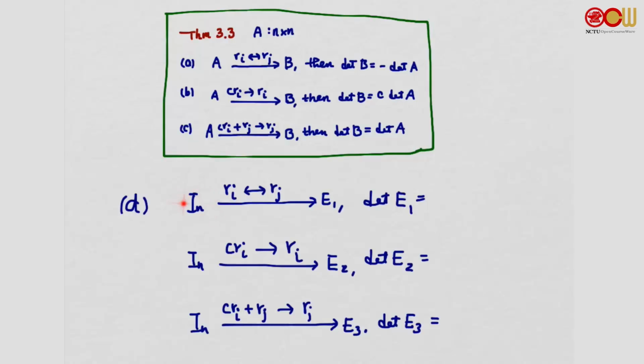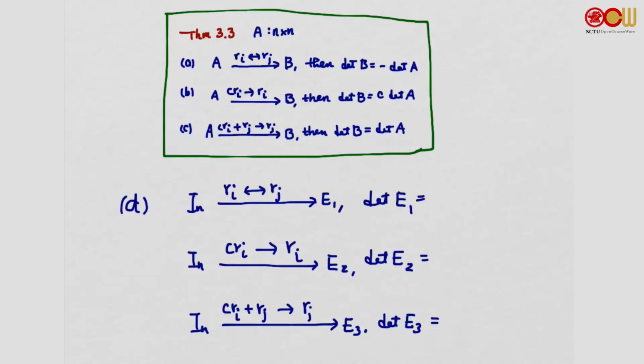Now, suppose we apply a row interchange on the identity matrix and we get the elementary matrix E1. Then what is determinant E1? Pause and think about this. Ready? Can we use A, B, C to find out what determinant E1 is? Which one will be useful here?